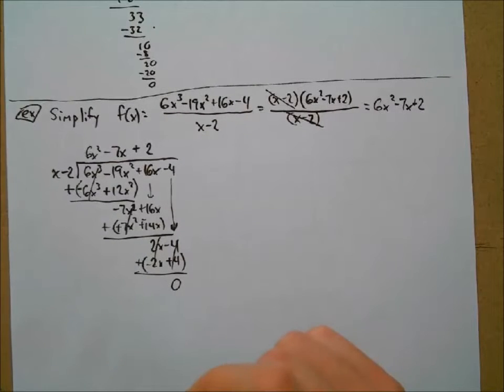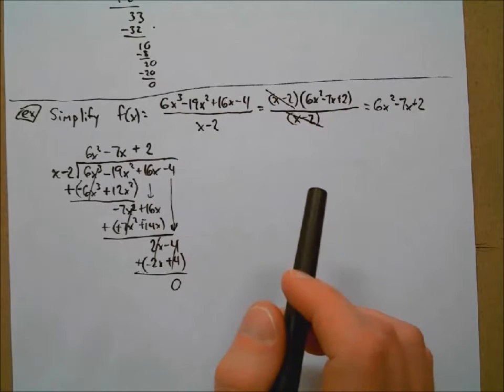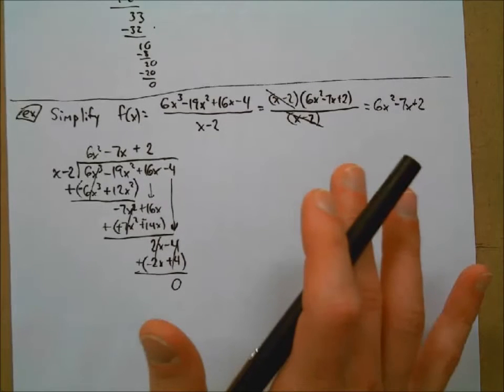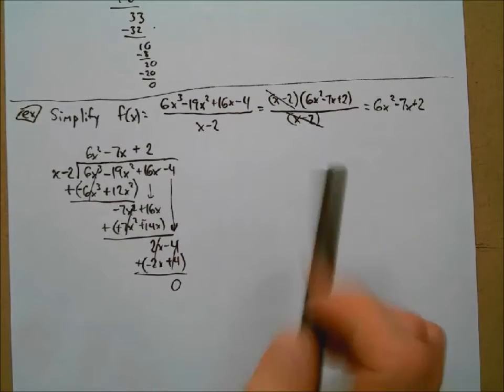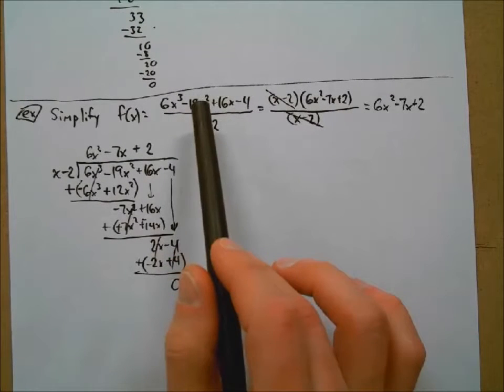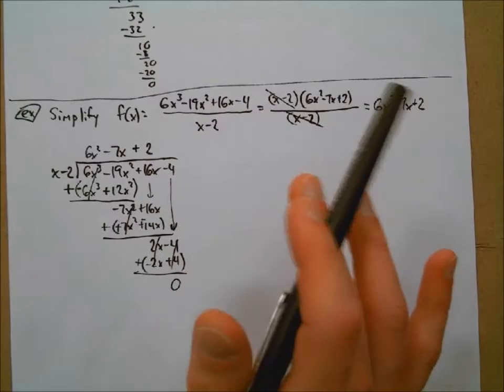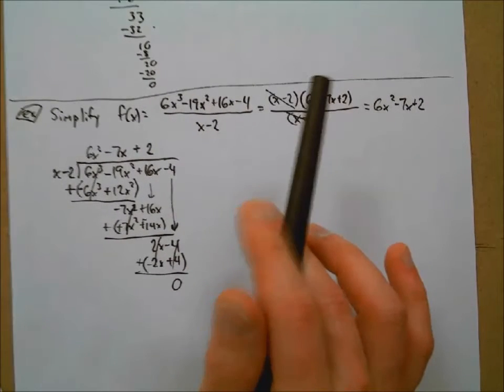Right, so we have to exclude 2. Why? Okay, but why do we have to take 2 out? What does 2 do in this right here? Yeah, sure. We have to divide by 0, right? It'll be undefined at 2, right? It's going to give an infinite value, right?